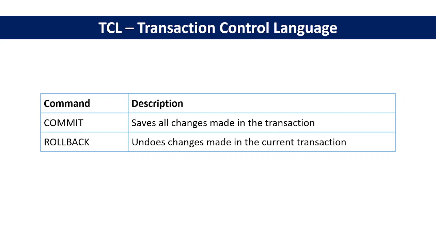Commit is used to permanently save changes, and rollback is used to undo changes if something went wrong during the operation. TCL is like a safety net when you are working with important data updates and you don't want to lose data if something goes wrong and you want versions to be saved, something like a backup.